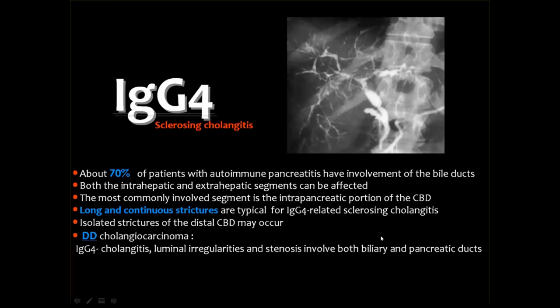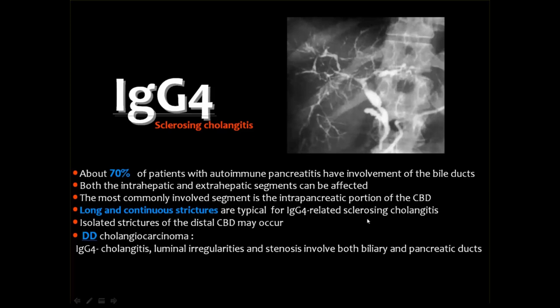One of the common features of this IgG4-related sclerosing cholangitis is the long and continuous strictures. These long and continuous strictures are not seen in oriental cholangitis and in primary sclerosing cholangitis.